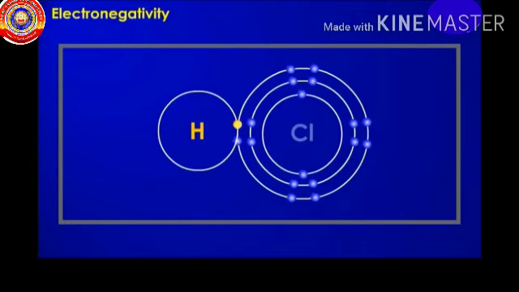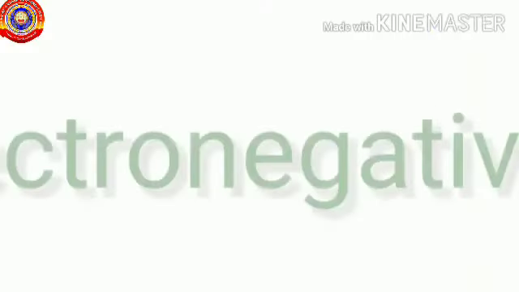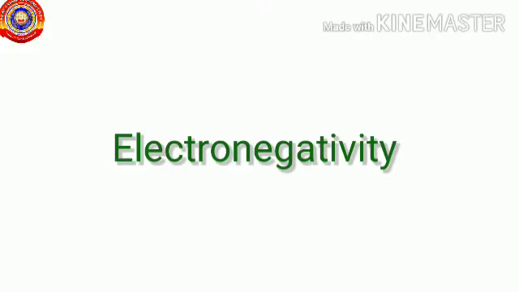For example, in the case of hydrogen chloride, chlorine shows a greater tendency to attract the shared pair of electrons than hydrogen. This is called electronegativity. The type of chemical bond between atoms in a compound can be identified.